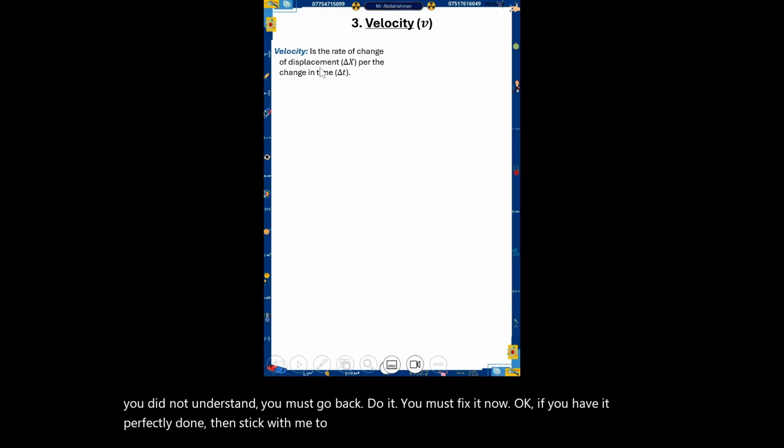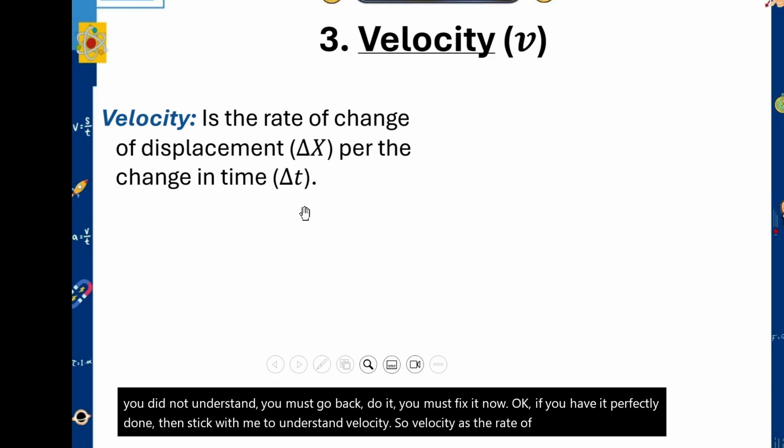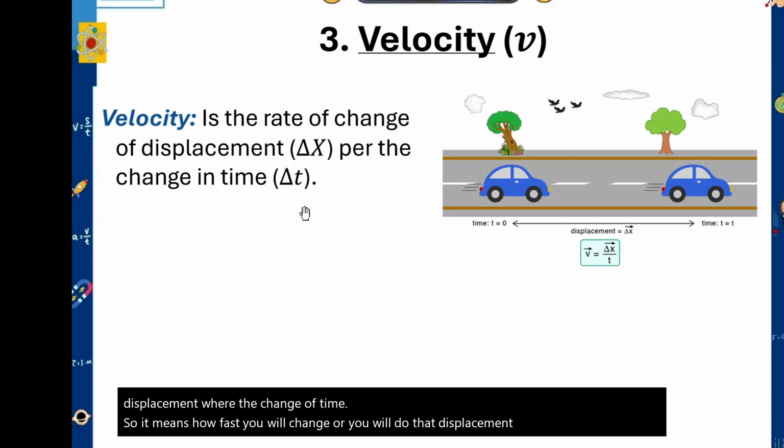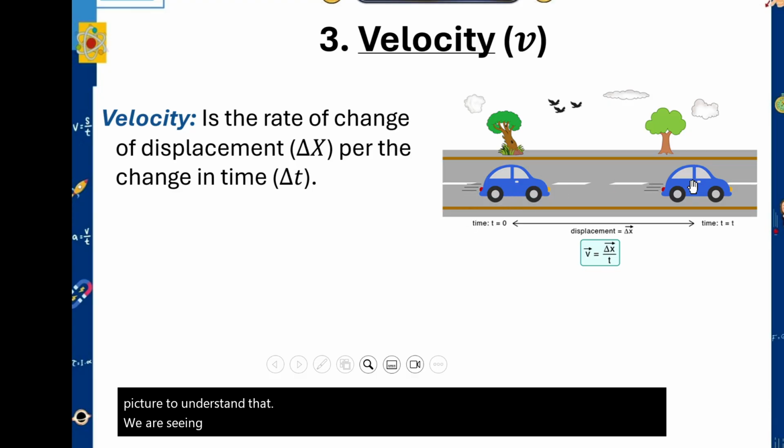So velocity is the rate of change of displacement per the change of time. It means how fast you do the displacement. Let's see a picture to understand that. We are seeing that this car is moving from that place to that place.